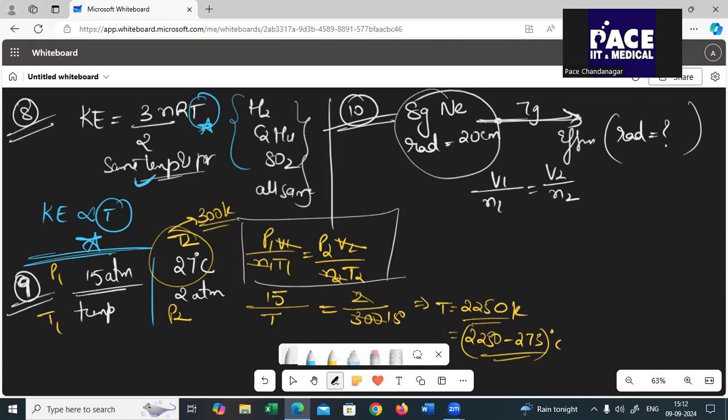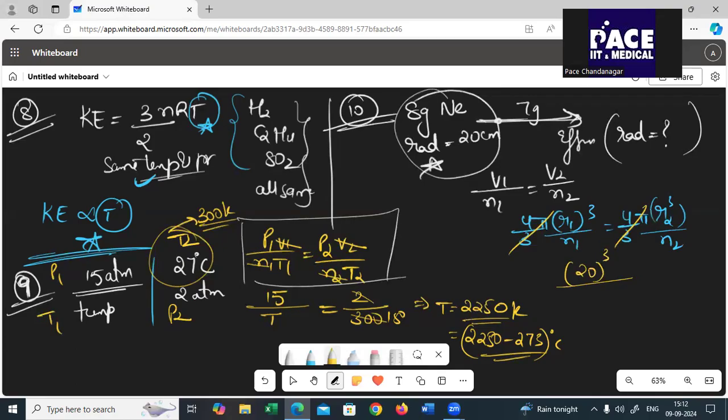Volume here is given in terms of radius. So volume is 4 by 3 pi r cube. So 4 by 3 pi r1 cube by N1 is equal to 4 by 3 pi r2 cube by N2. The 4 by 3 pi I am going to cancel. So r1 cube is 20 cube by N1.